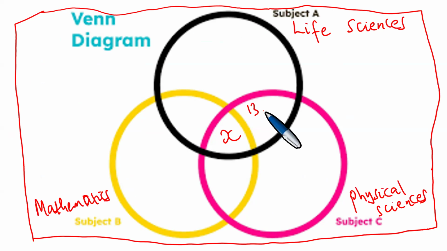So here you have 13 minus X, because physical sciences and life sciences are 13. But you say from 13, you minus X for all those students who do everything, all three learning areas. Okay, we proceed.